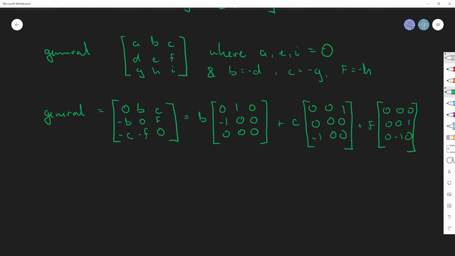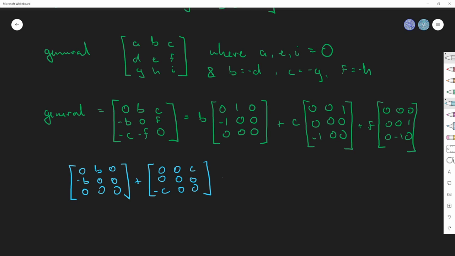We know it's true because if we plug it back in, we'll have 0, negative b, 0, b, 0, 0, 0, 0, 0, plus 0, 0, negative c, a column of zeros, and then c, 0, 0, then lastly 0, 0, 0, 0, 0, negative f, 0, f, 0.